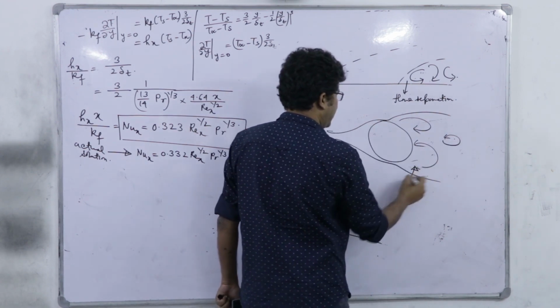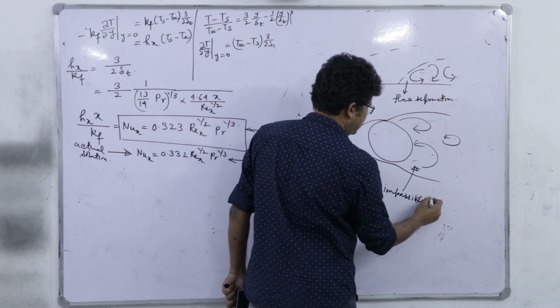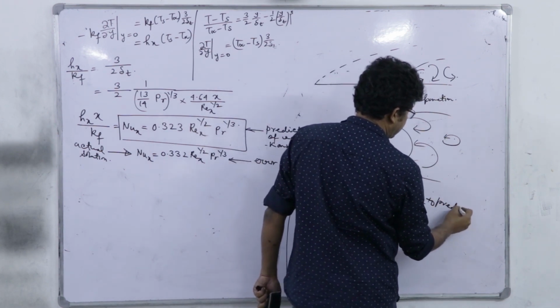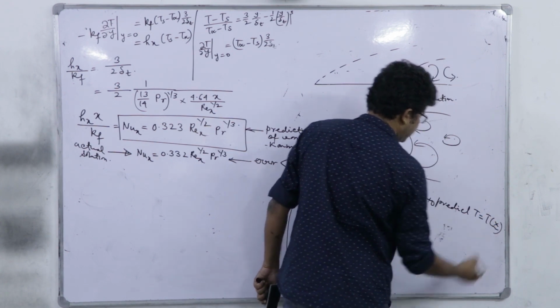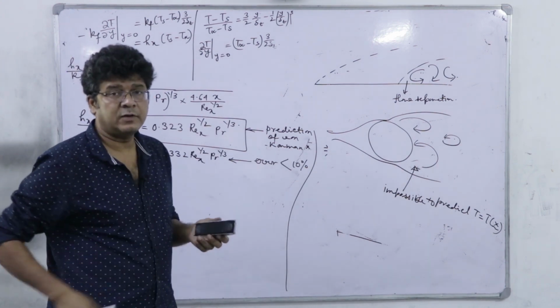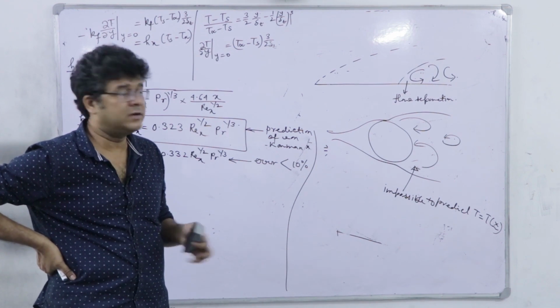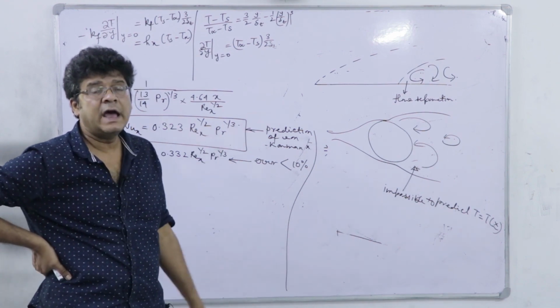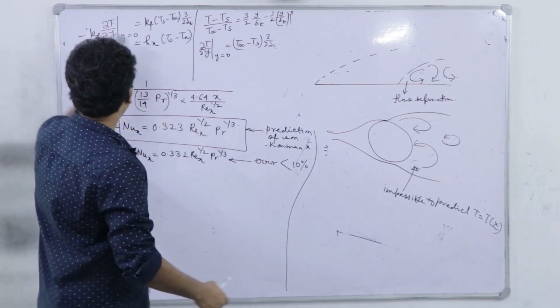So it is impossible to predict temperature as a function of space coordinate. It is not possible. So, as it is not possible, what do we have to go for then? Definitely we have to rely on experimental results of that specific geometry, and we can generalize it using dimensional analysis.